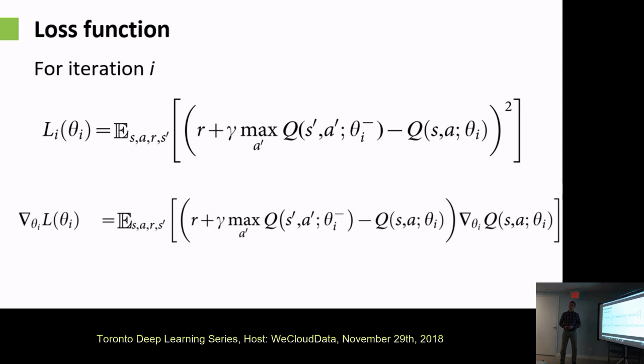I'm confused. So Q is perfect. This will be zero because Q is predicting the next step and we are calculating the next step as well with our plus sum. So if Q is doing a perfect job, this will be zero. But now it's not zero because it's not perfect. So it gets trained towards being perfect.